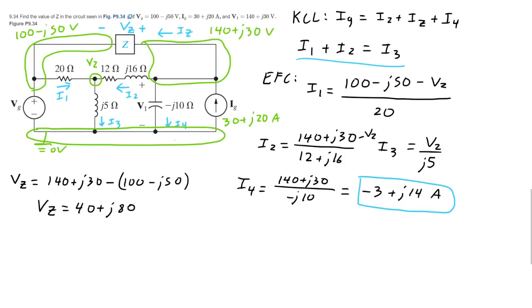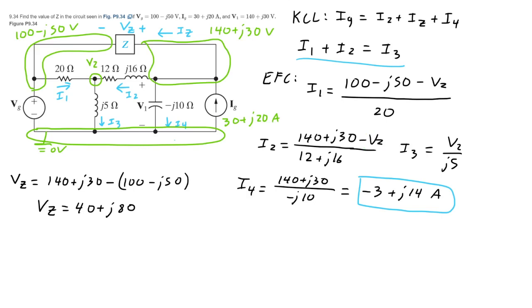There you go, let me rewrite that quickly. The other one was right, it's just too small. So V2, and then this one, I3, is V2 over j5. If we can find out what V2 is, then we'll be able to find out what I3 is.